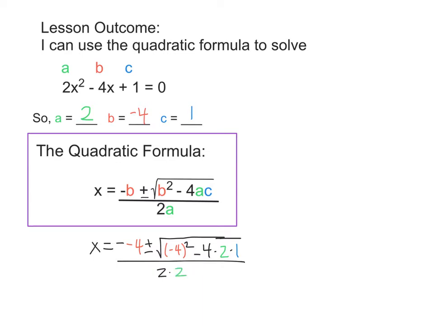Again, I want to keep pointing this out. Our two b values have become negative 4 because that's what b is. Our two a values have become 2 because that's what a is, and our c value is 1.